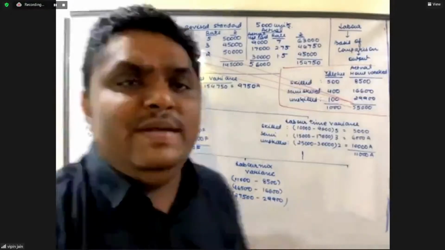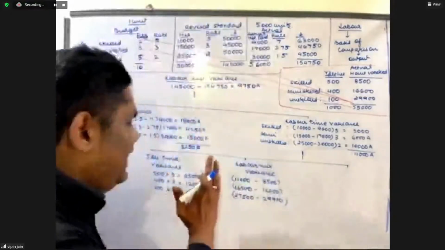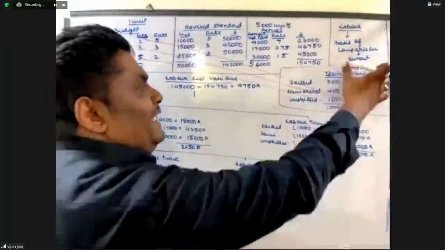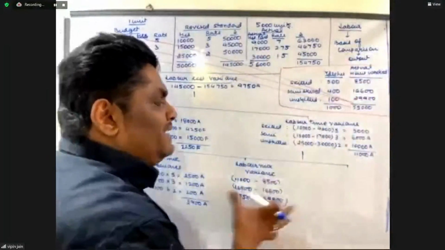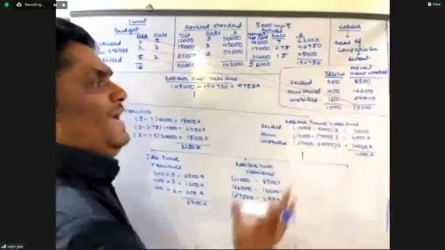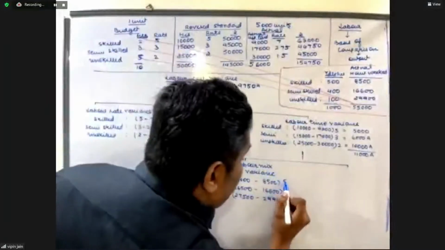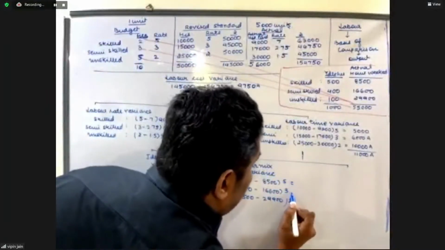So if idle time is there, and we are calculating idle time variance here, after deducting the idle time we'll be getting actual hours worked. So for mix and yield, we will be taking actual hours worked rather than actual hours paid into 5, 3, and 2.